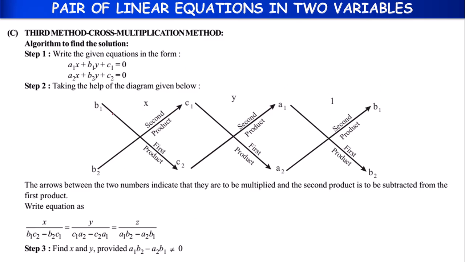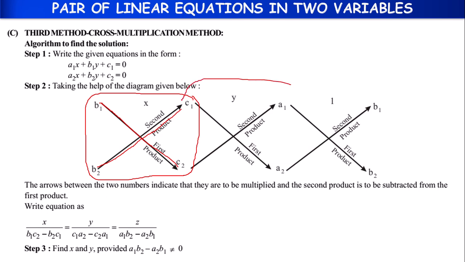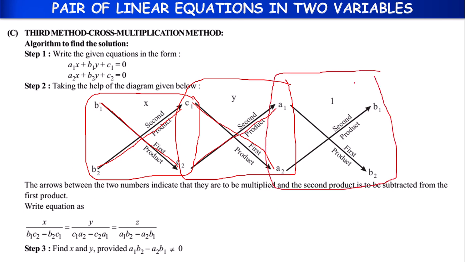Starting from this first group, we do cross multiplication. This is the first product, this is the second product. Again, from the next group, first product, second product.